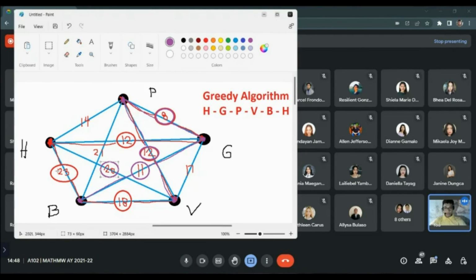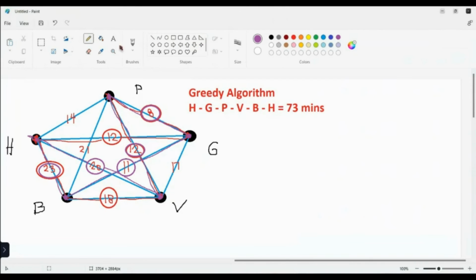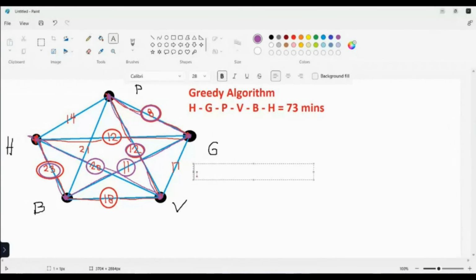We have here 20 minutes and 23 minutes. Ayan. That's it. We already completed your Hamiltonian circuit using the edge picking algorithm. And this is the one and only Hamiltonian circuit using the edge picking algorithm, same with the greedy algorithm.